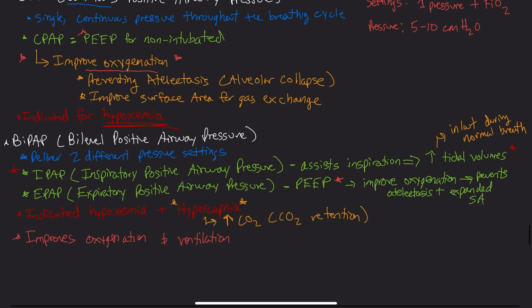And just a quick reminder, remember oxygenation, that's also with CPAP here, improving oxygenation only. That's the main big difference that we'll need to know here. So oxygenation is the process of getting O2 from the alveoli into the blood, right?